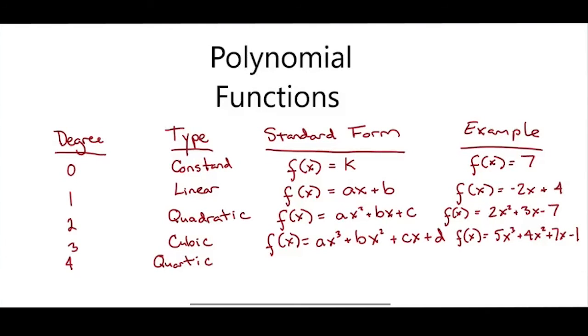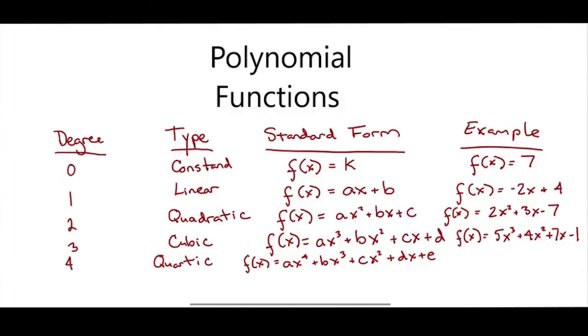The standard form for quartic is f of x equals ax to the fourth plus bx to the third plus cx to the second plus dx plus e.